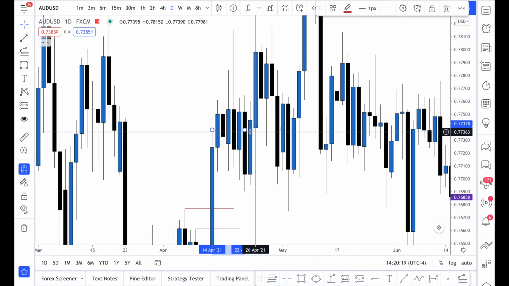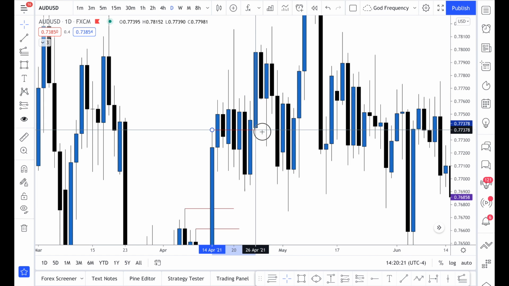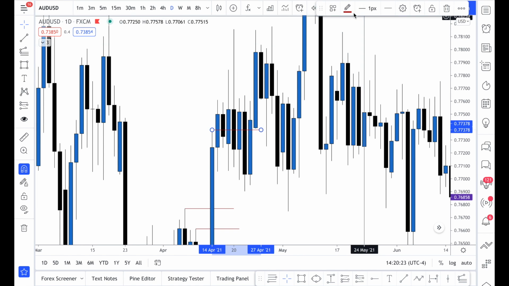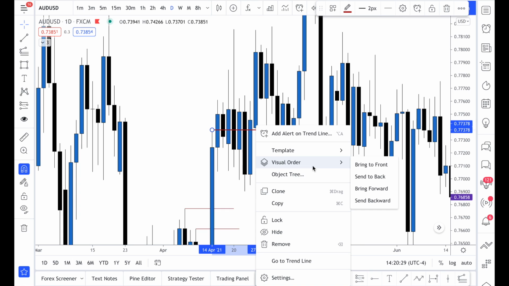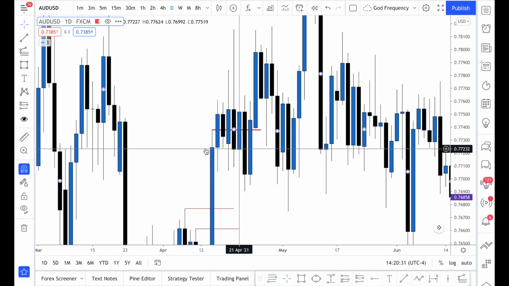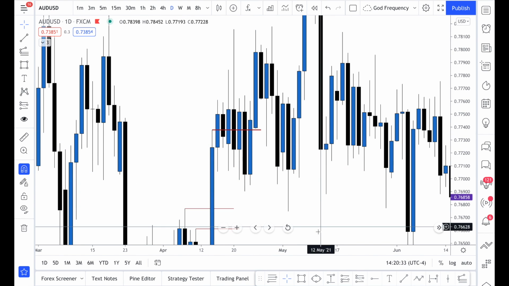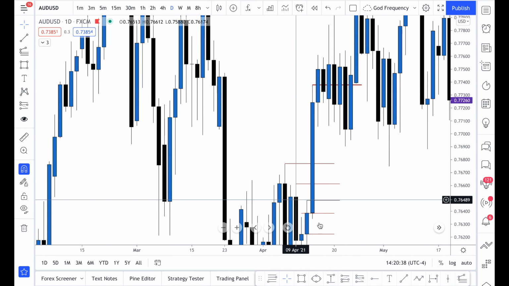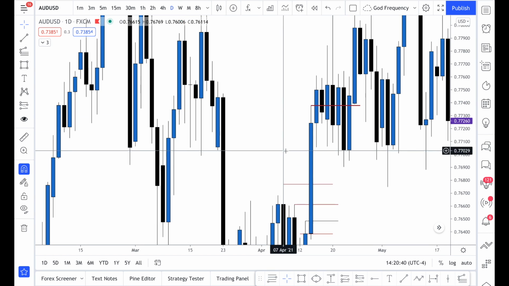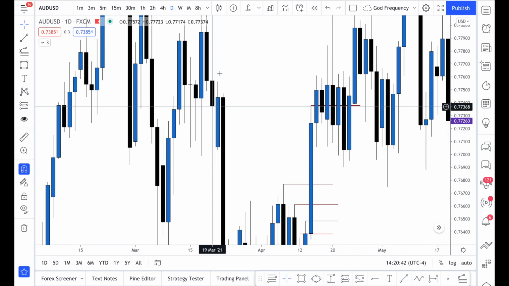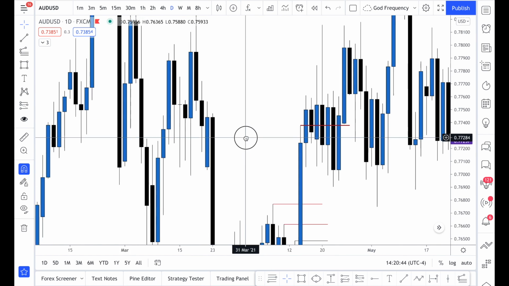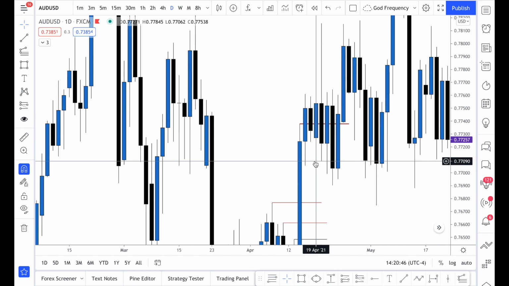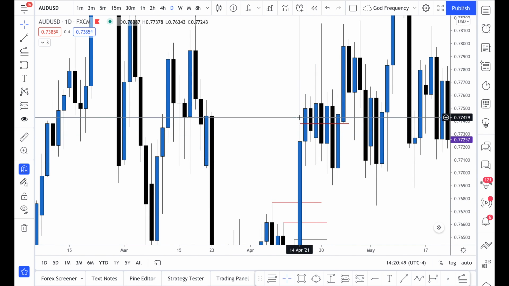And let me make that a little bigger. Okay, so we have that high created. We have this low. So knowing that we filled this imbalance, now I'm really strongly bullish.